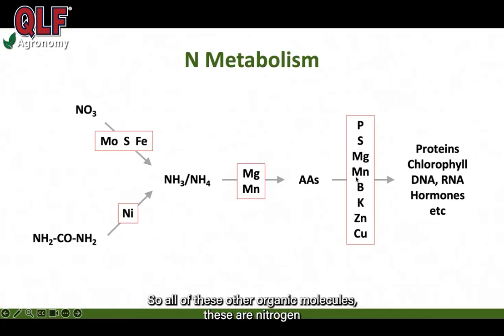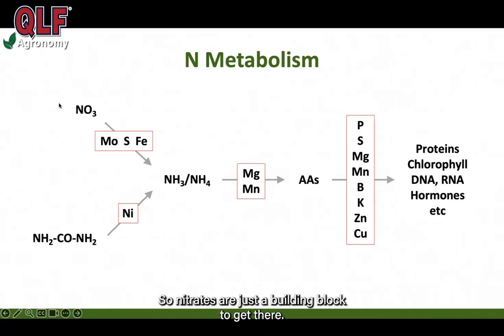So all of these other organic molecules are nitrogen-bearing organic molecules, and they are the things that really help plants grow. These are the functional molecules that plants need and require, and that support plant growth processes.